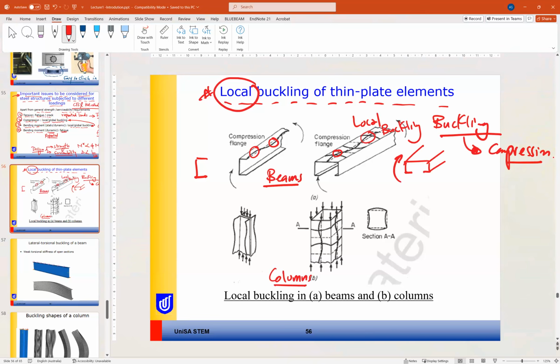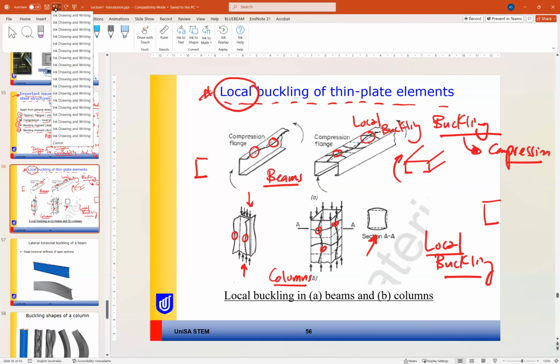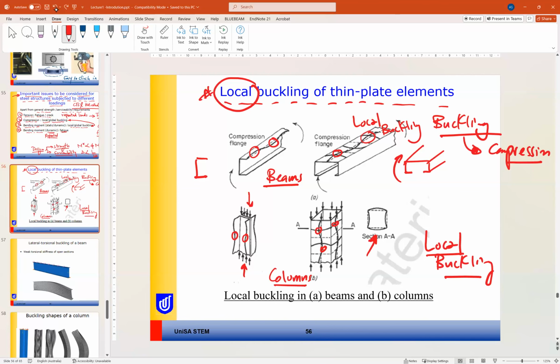For example here, when we apply the load from top and from the bottom, the flange has buckled. Here, because it is a hollow section, the sides of the column have buckled. All these slides are local buckling issues because the original shape doesn't change, or the orientation of the member doesn't change after the buckling.